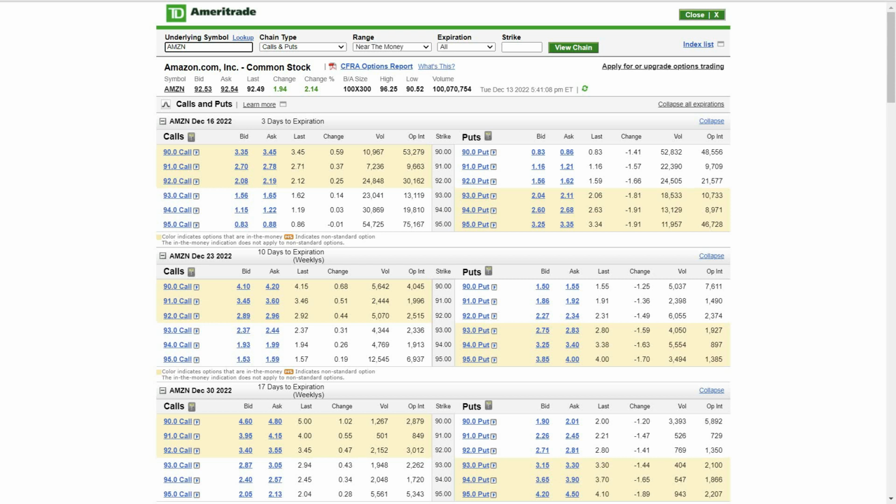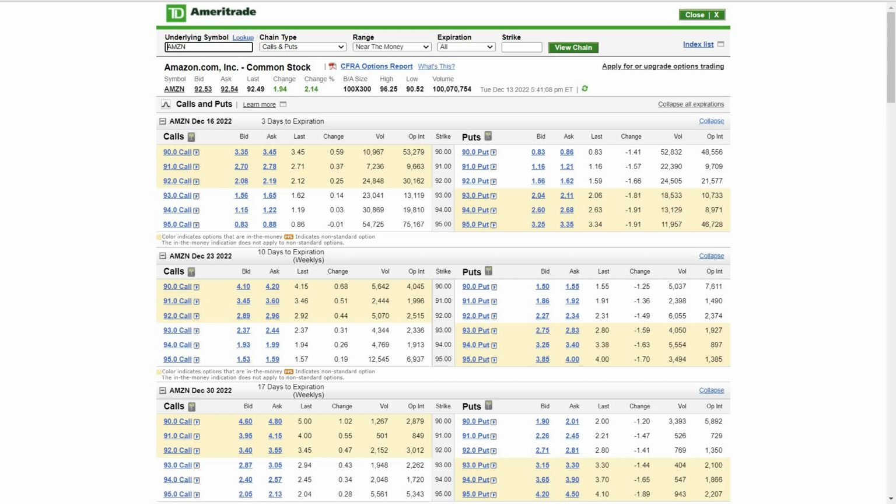So the thing you want to consider is short term options generally have a lower option premium. Let's look at Amazon as an example. Amazon is currently trading at about $92.50. If we look at the $92 put for 3 days from now, December 16, 2022, it's trading at about $1.56.